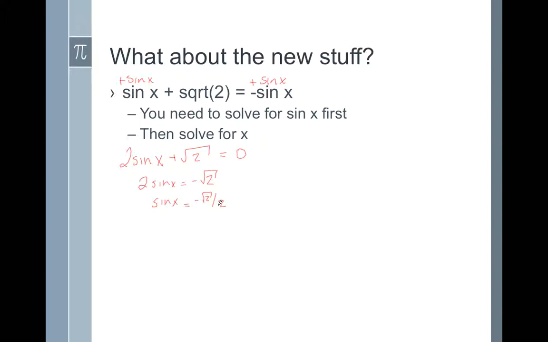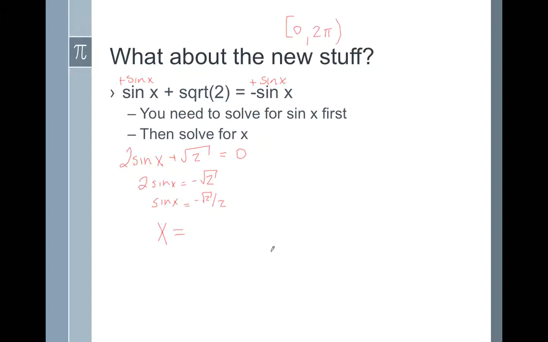Now, that's not your answer, because I need to know what is x. Well, x is some angle that when we plug it into the sine function, we get negative square root of 2 over 2. And we usually ask going from 0 to 2 pi, so that just means one full circle.